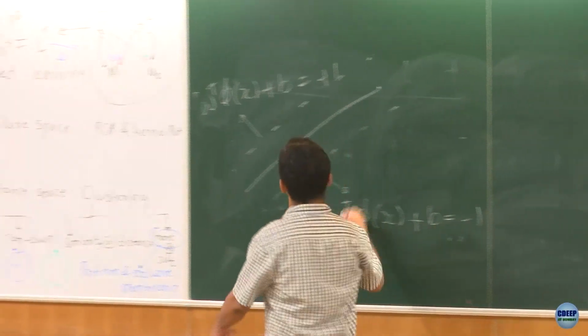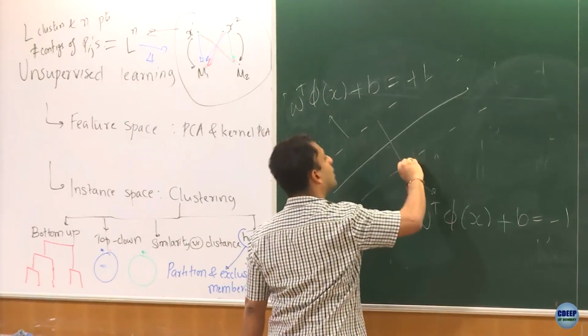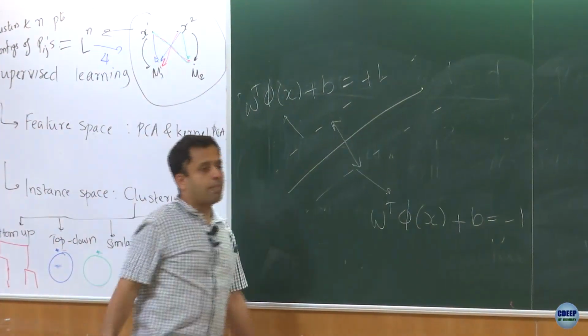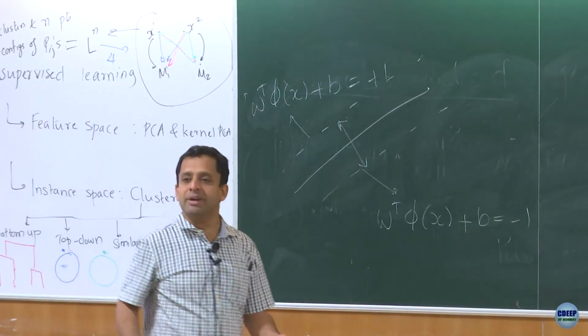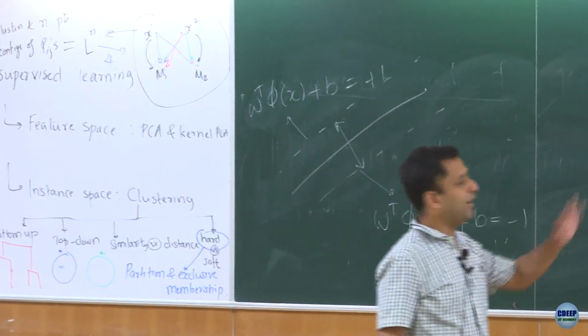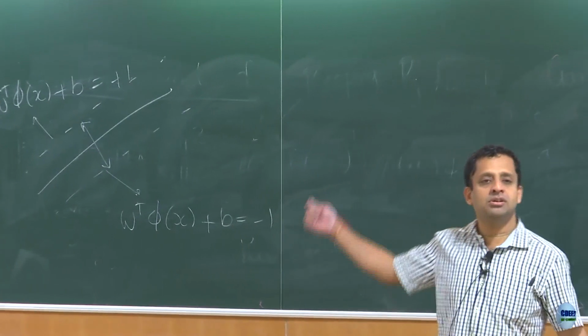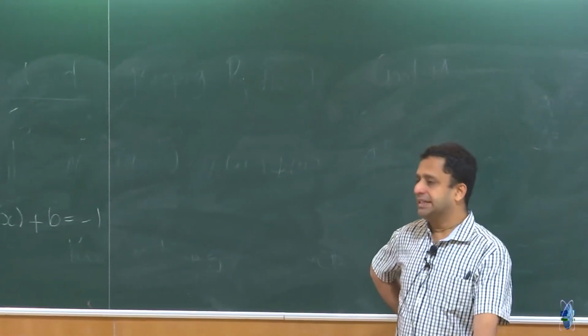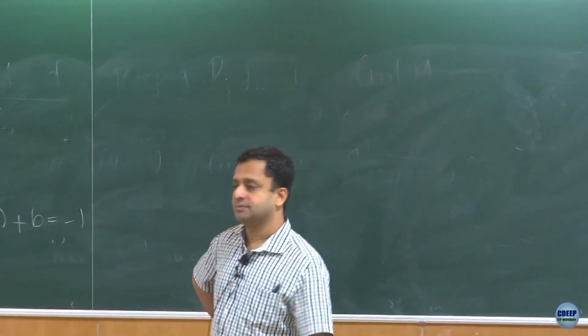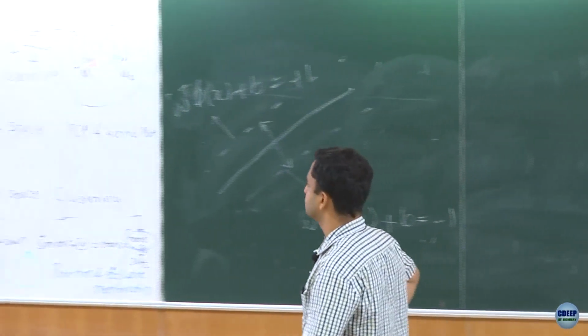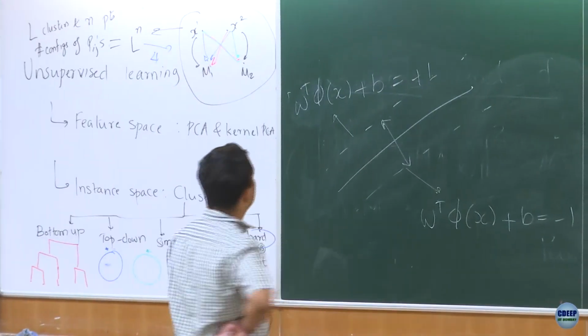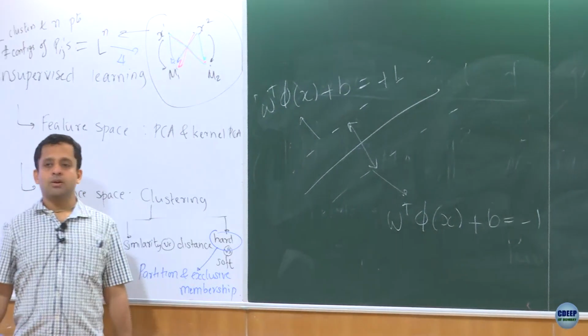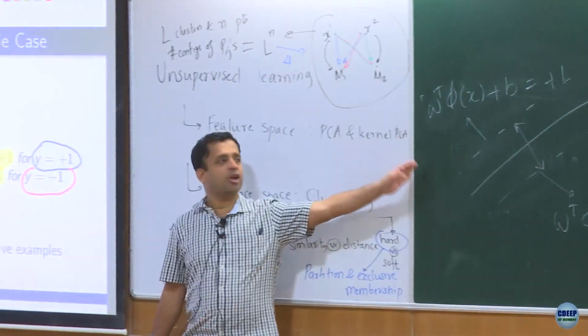Now what would be this distance? I said that we are trying to maximize margin. So if I wrote these inequalities, write down my expression for margin. What would be the procedure you adopt?